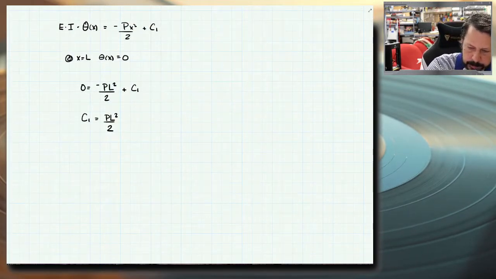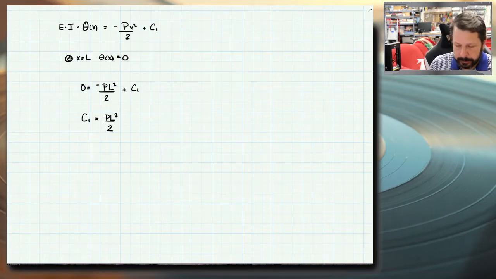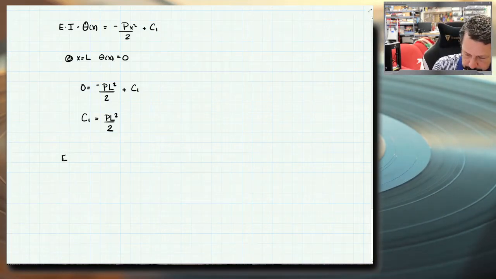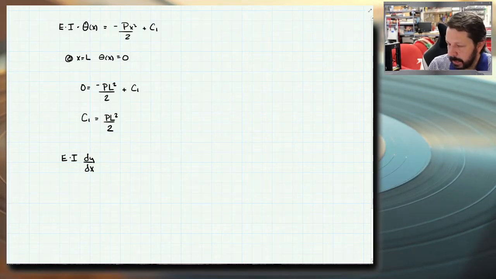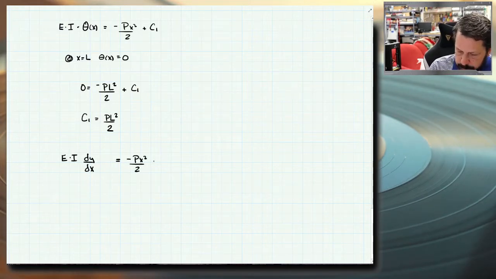There we go. So EI theta x, which is dy over dx, EI theta is dy over dx, equals, let's leave some room this time, negative px squared over 2 plus c1, which is pl squared over 2.